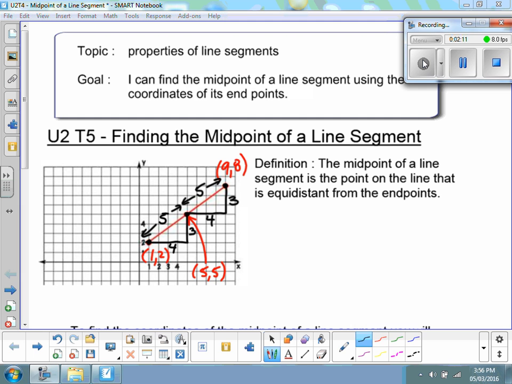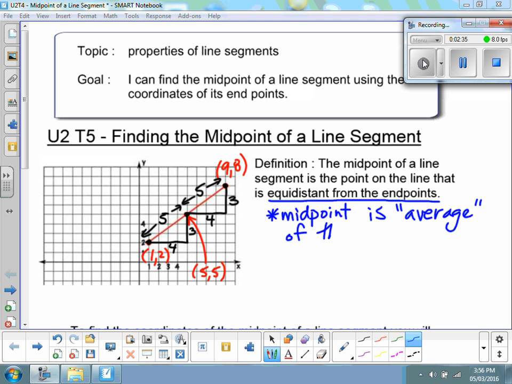Now, a couple things to make note of here. When it says that it's equidistant from the endpoints, maybe the easier way to think about it is the midpoint is the average of the two endpoints. And I'll show you exactly what that means.